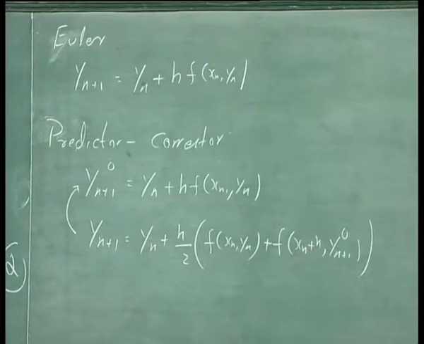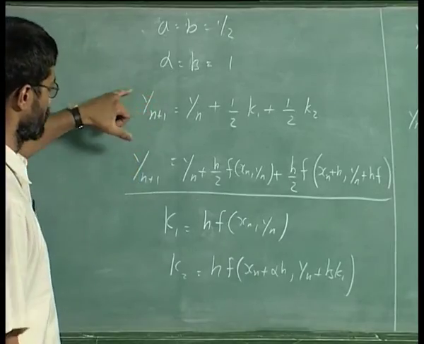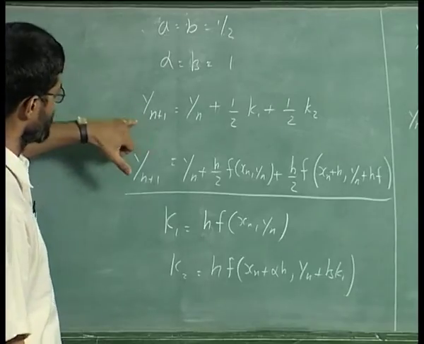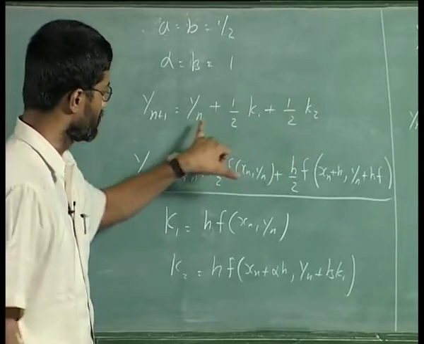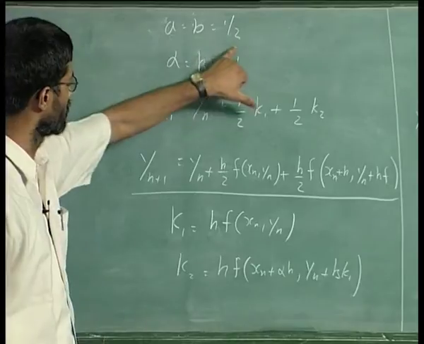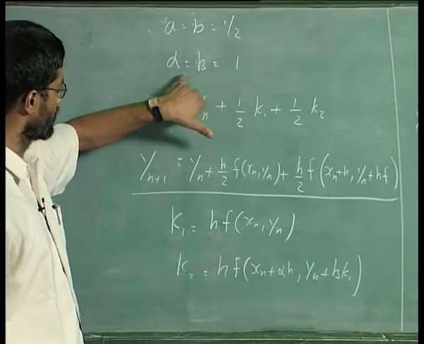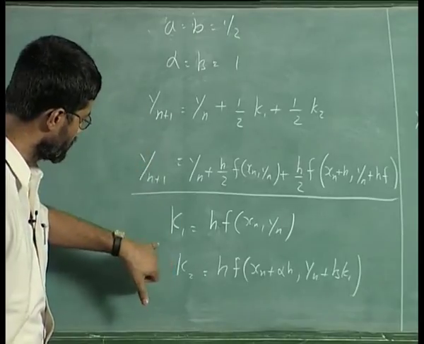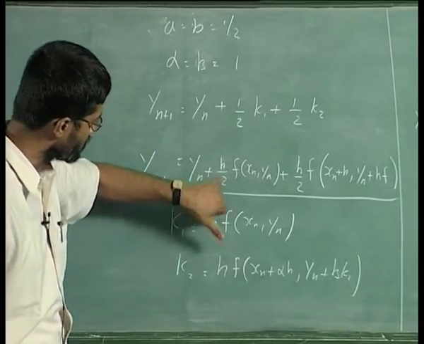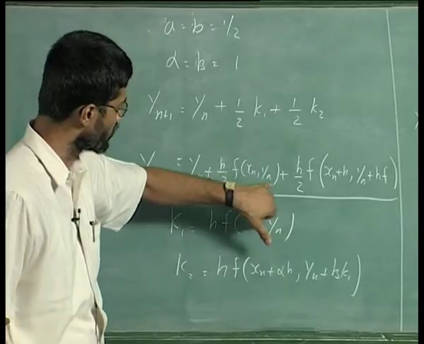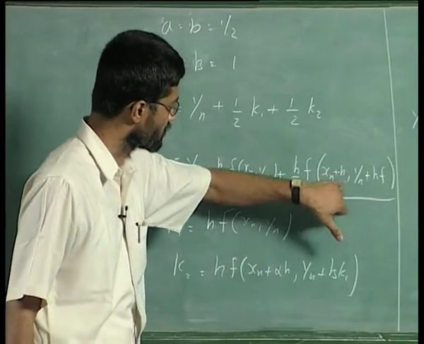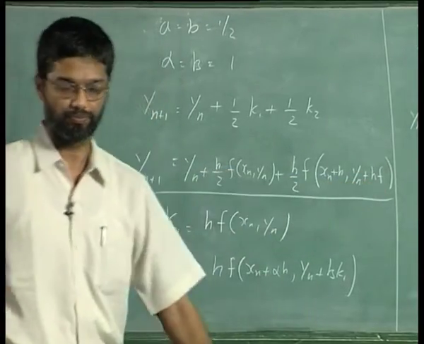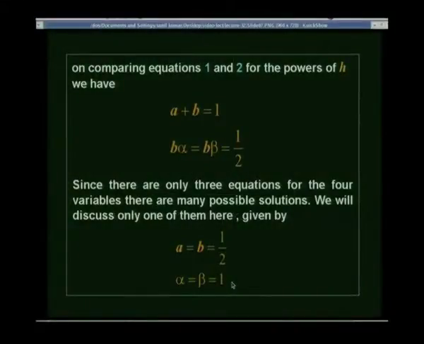We are saying in the second order Runge Kutta, what we did by making this choice, a equal to b equal to half and alpha equal to beta equal to 1, is to go back to the predictor corrector and write it as yn plus h by 2 into f at xn yn plus f at xn plus h, yn plus hf. So, that was our simple scheme of second order Runge Kutta scheme.